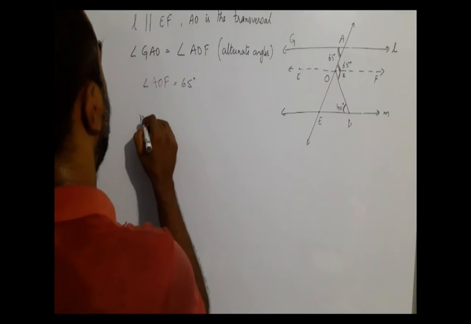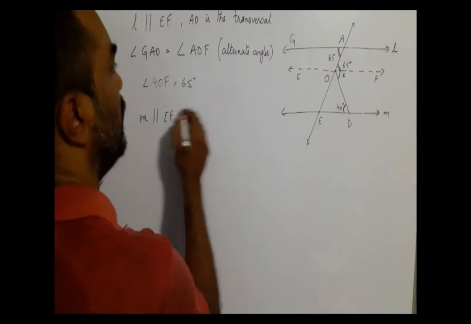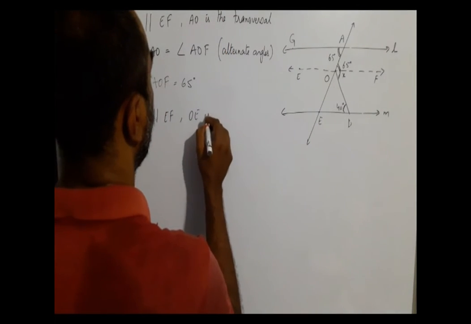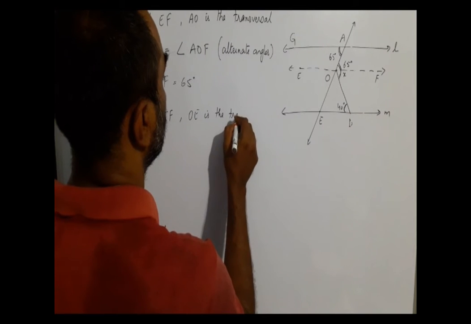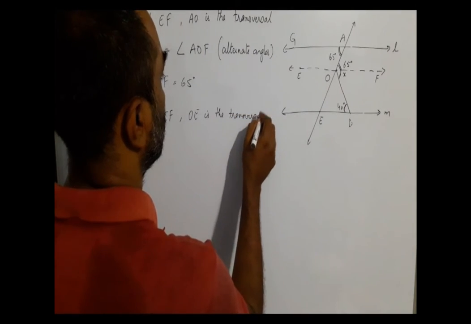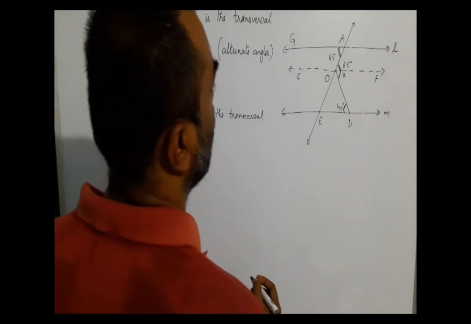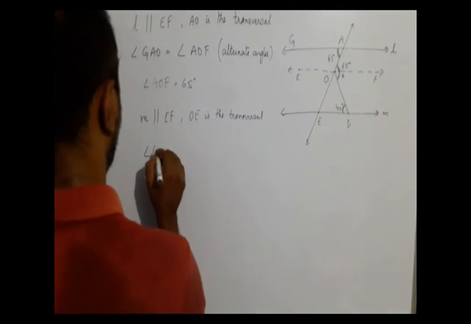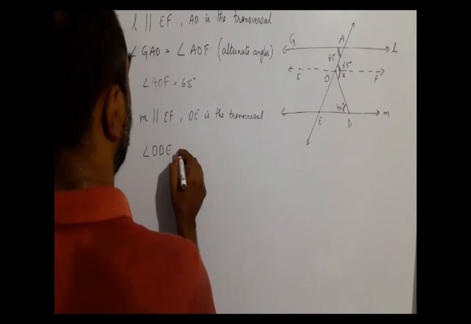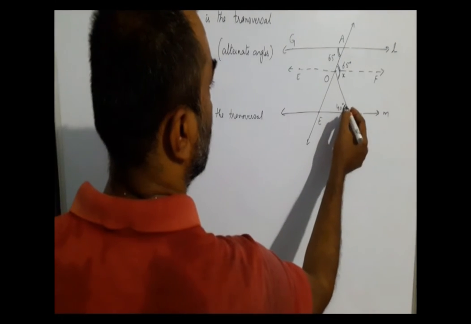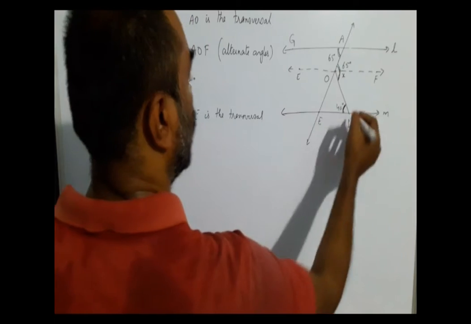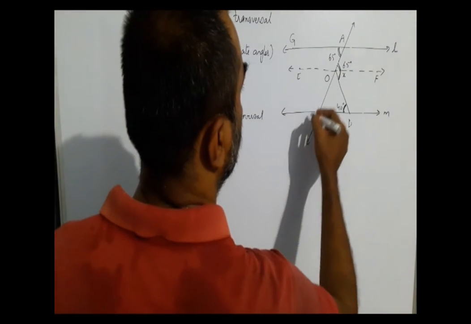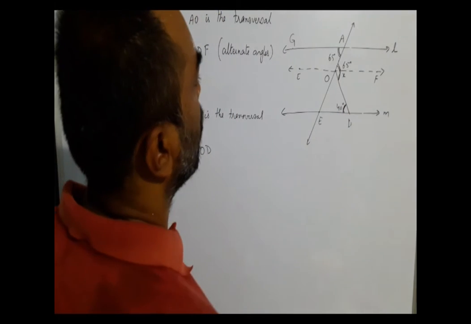Similarly, line M is also parallel to EF, and OE is the transversal. Now angle ODE is equal to angle FOD. Why? Sorry, I have taken the wrong transversal.